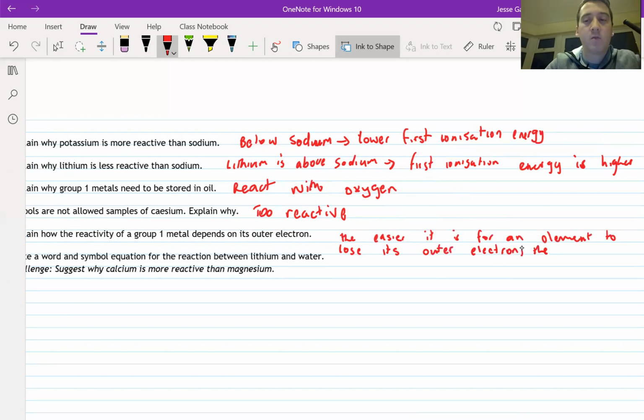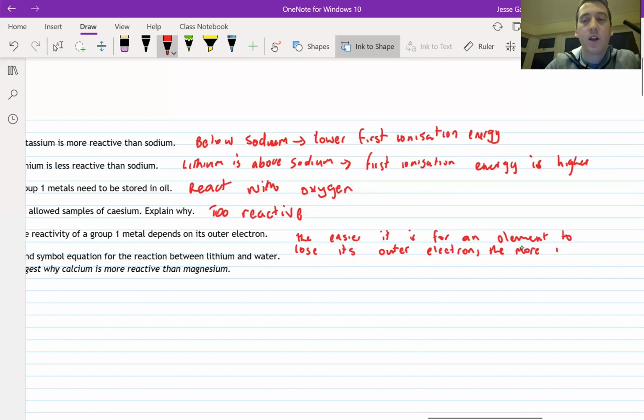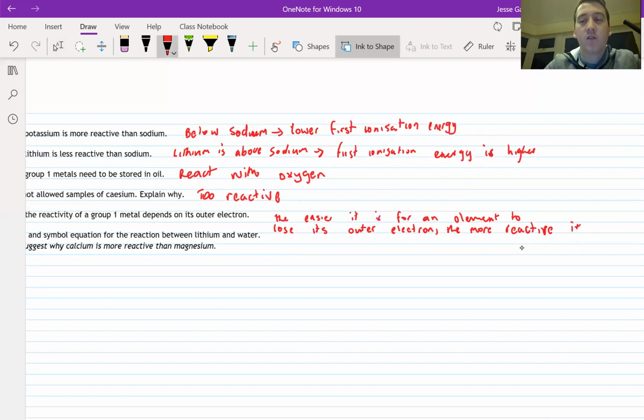So hopefully you said something like that. If it loses its outer electron really easily, it will be very reactive. If it doesn't lose its outer electron very easily, it won't be very reactive.